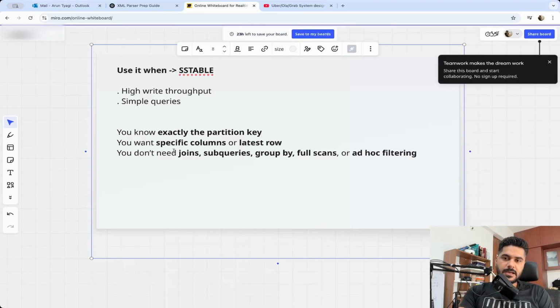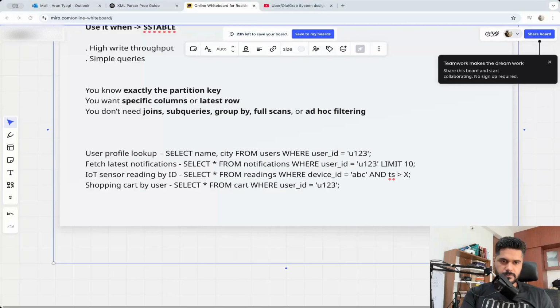Then you want, in simple terms, specific columns, or the latest row, for this partition key. And basically you don't need joins, subqueries, group by and all those things which we are used to in a SQL DB.